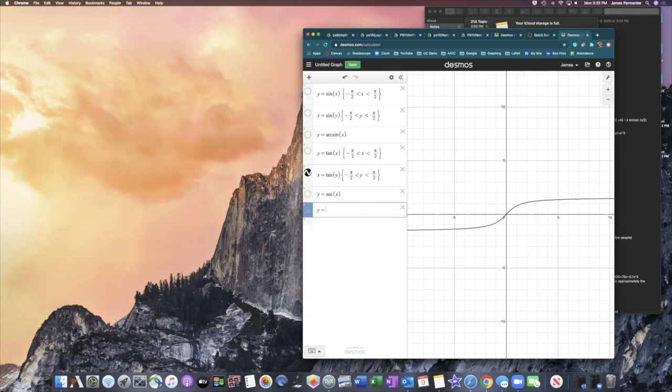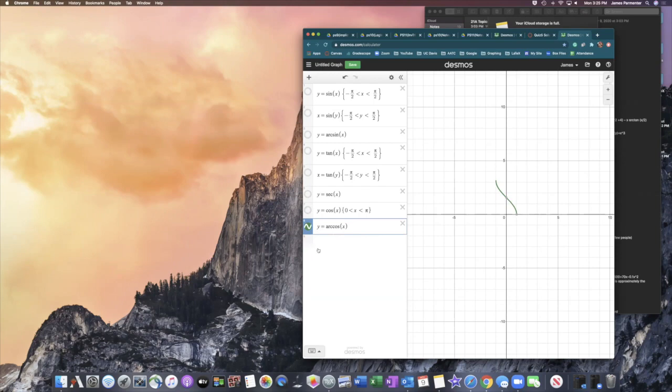For cosine, we cut it off and make it not from negative pi over 2 to pi over 2, but from 0 to pi. Because look, that's one-to-one. And if we invert it, we get exactly y equal to the arc cosine of x. So there's the green one, that's the arc cosine.